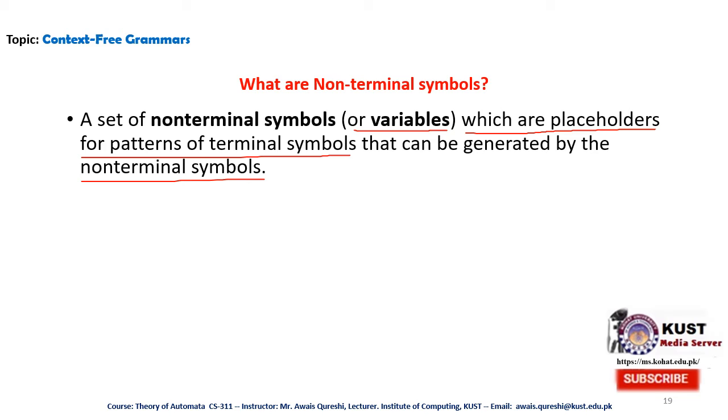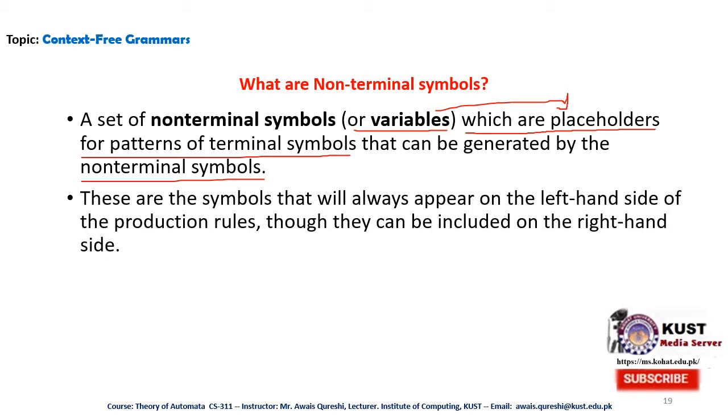A variable is replaced by some value later on, so that's why we call it a placeholder as well. I know that a non-terminal symbol will appear on the left hand side and a terminal symbol will appear on the right hand side. That's why we call it a non-terminal symbol, because it can be replaced later on in the generation of different strings.